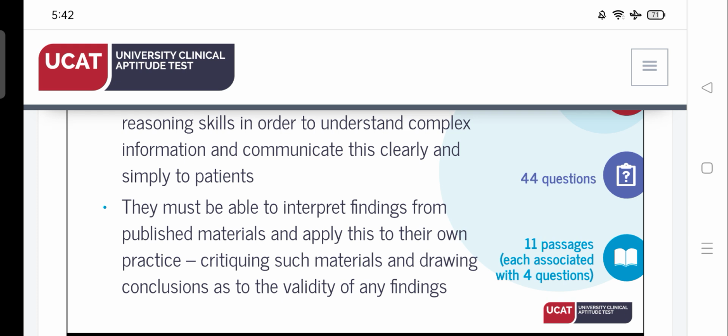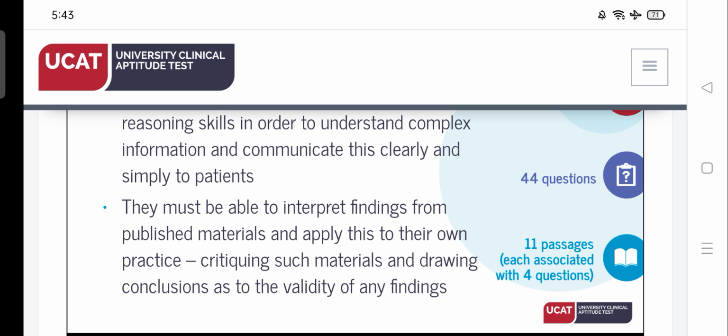They must be able to interpret findings from published materials and apply this to their own practice, creating such materials and drawing conclusions as to the validity of any findings.